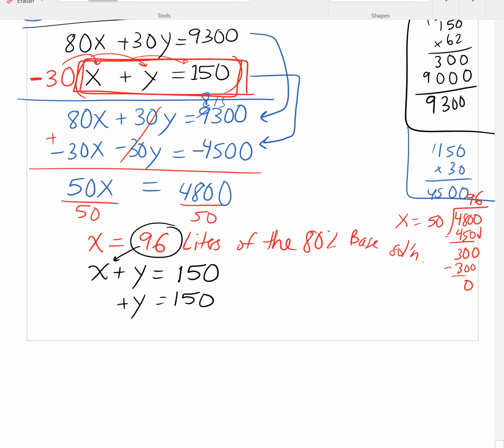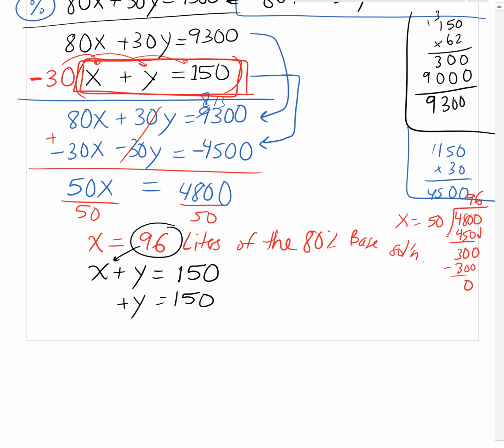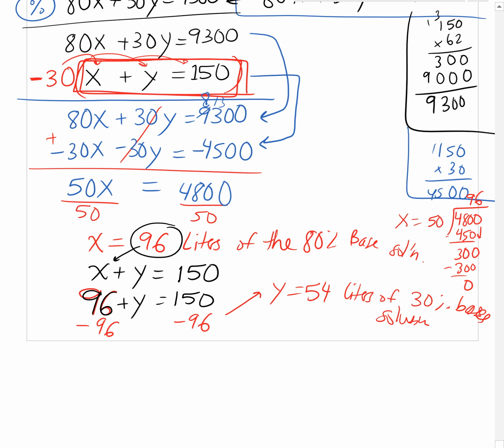So 96 here. And if I want to solve this for y, all I have to do is subtract 96 over and I'll be ready. Alright, so y would be, what would that be? 54 liters of the 30% base solution.